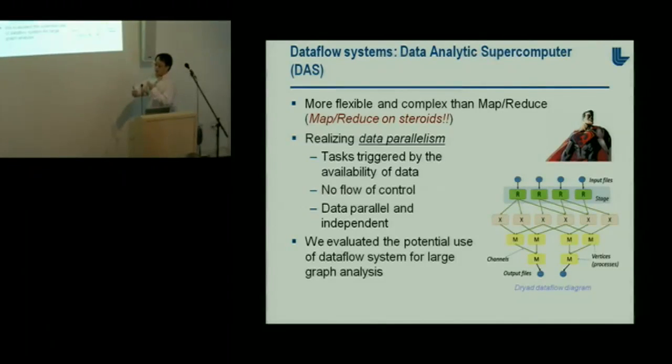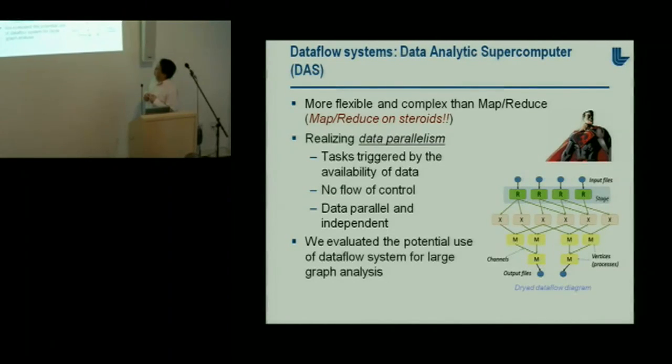In a way it is similar to MapReduce in how it runs, but it's more flexible and more powerful, because people can freely construct their own data flow nodes, the data processing tasks, and freely construct a data flow diagram like this. Okay.